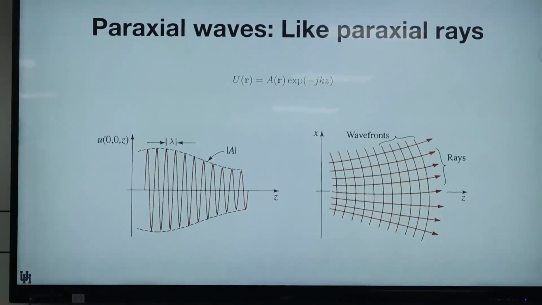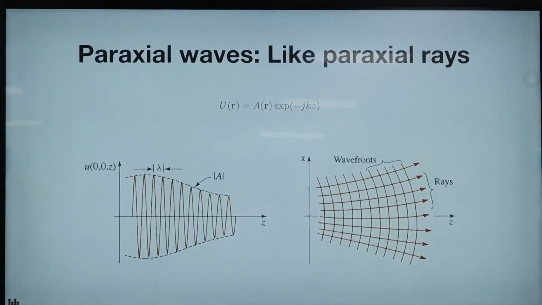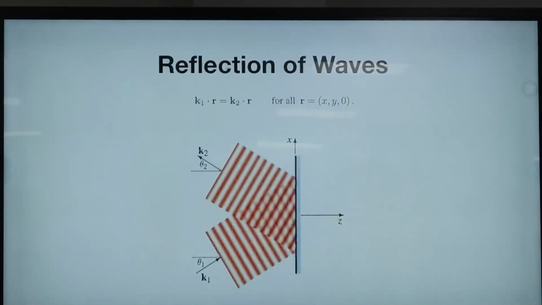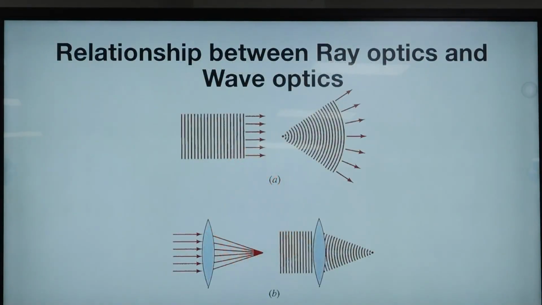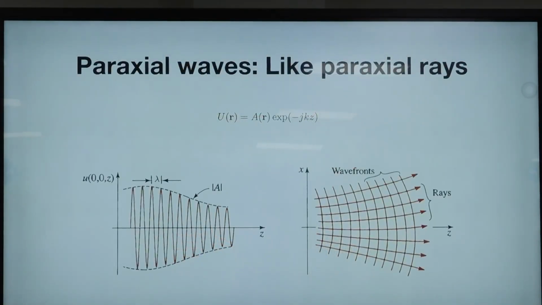The way to think about rays is, if this is one wavefront and this is another wavefront, rays are lines which are perpendicular to the wavefront.